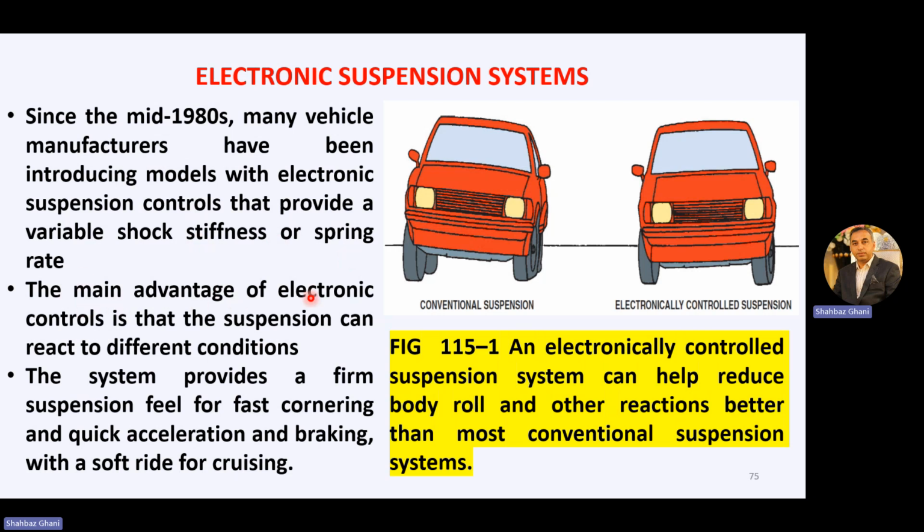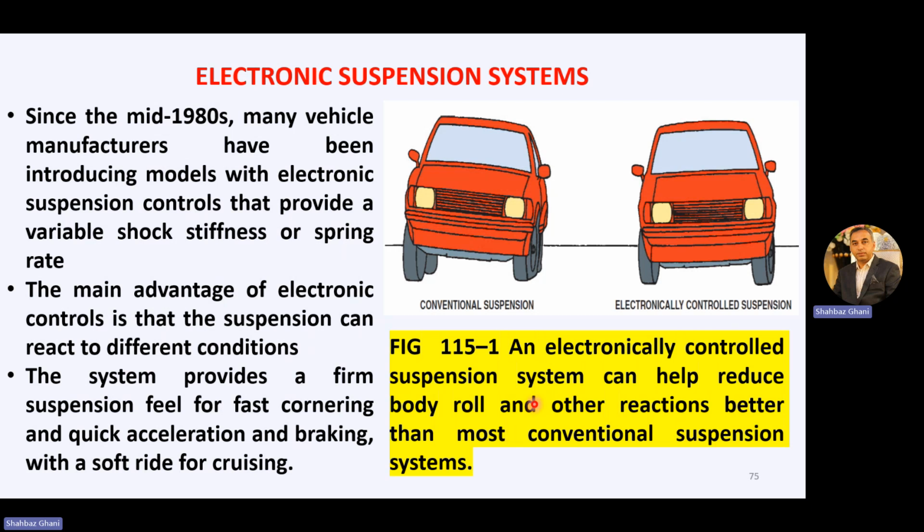The main advantage of electronic control is that the suspension can react to different conditions. The system provides a firm suspension feel for fast cornering and quick acceleration and braking, with a soft ride for cruising. An electronically controlled suspension system can help reduce body roll and other reactions better than most conventional suspension systems.